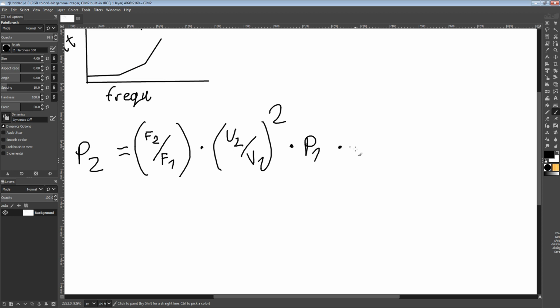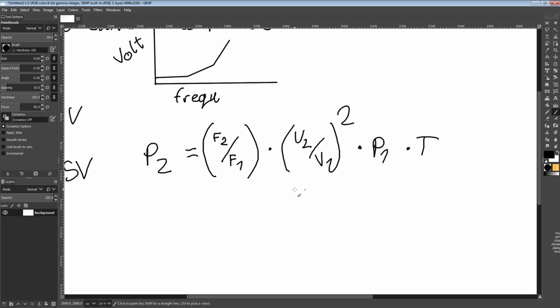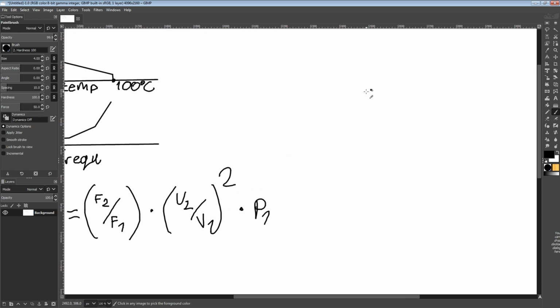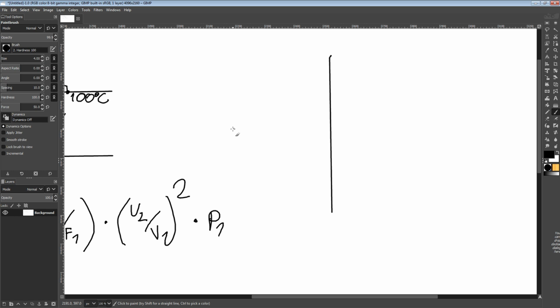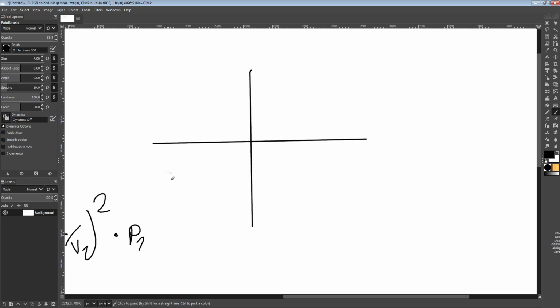Now, there should also be a temperature component in this whole thing, but it's really hard to model. The temperature curve looks something like that, and this is a coefficient, not actual power consumption.